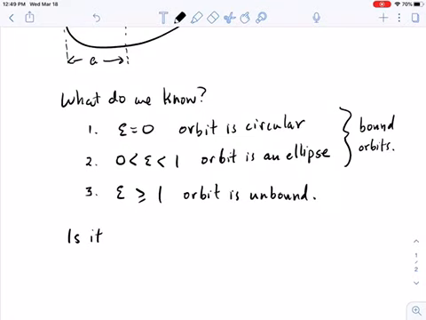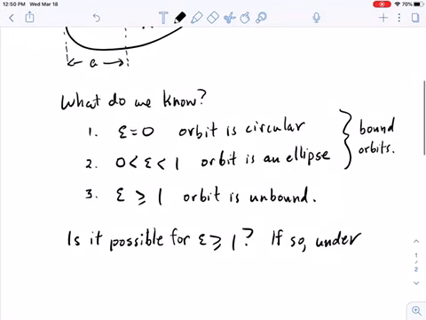Is it possible for epsilon to be greater than or equal to 1? If so, under what conditions is epsilon greater than or equal to 1?